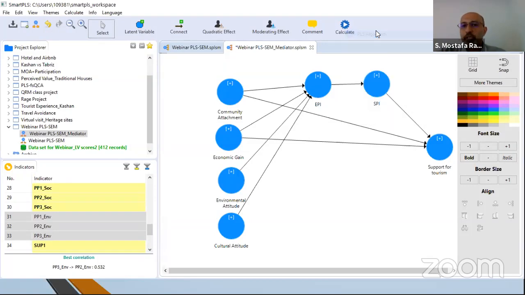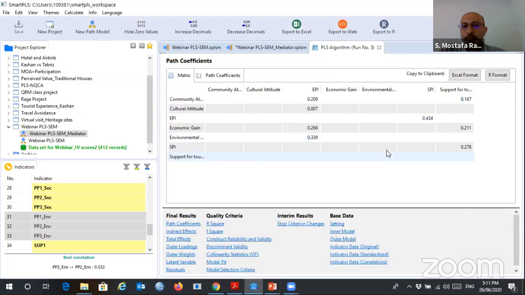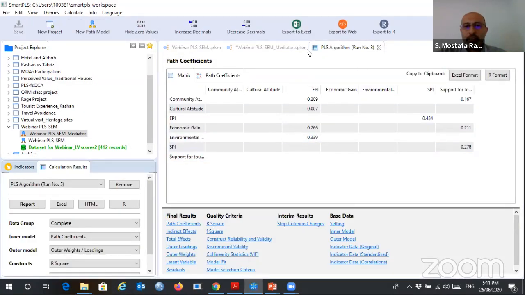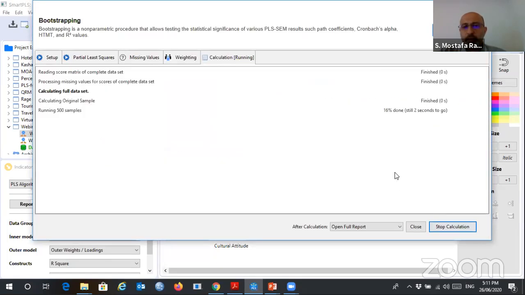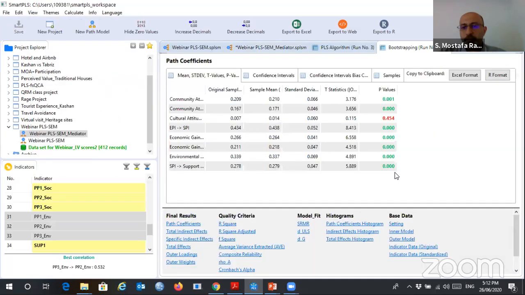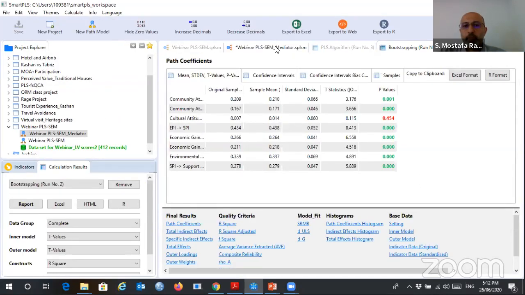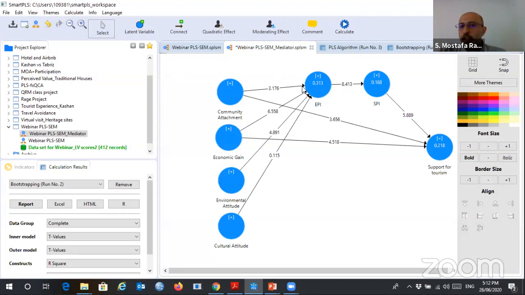But the way that we actually run the analysis is exactly the same. Go to PLS algorithm, run, and then go to bootstrapping and run bootstrapping. For this serial mediator, you want to see this indirect effect.